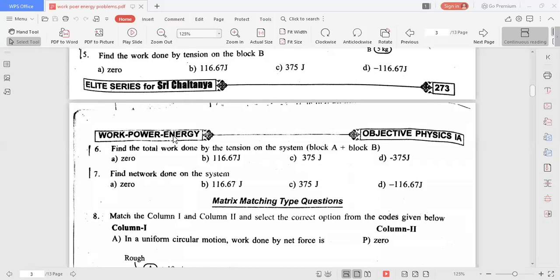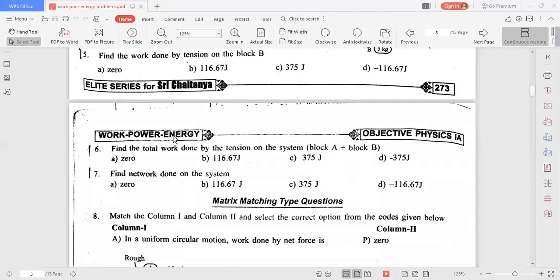Work done by tension on block B. Similarly, work done by tension on block A, we have to find. So that is the next problem.